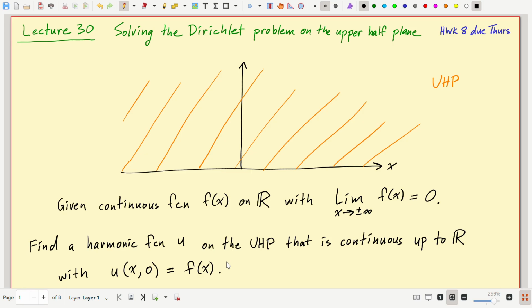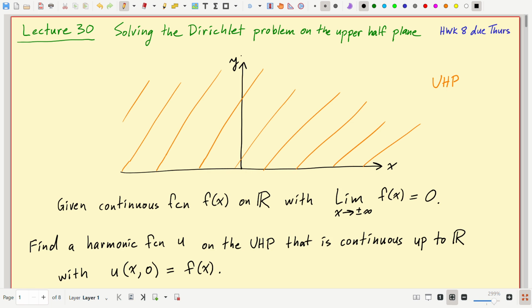So the basic problem is I have the upper half plane there. That's the stuff above the x-axis. I'll call it the UHP. And I'm given a continuous function f of x on the real line. Think of that as the boundary temperature.